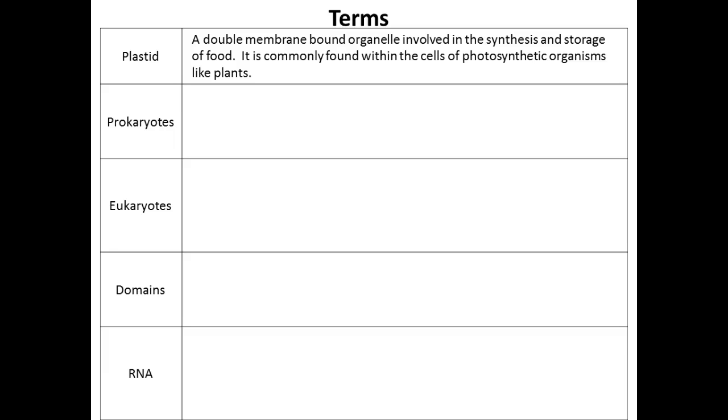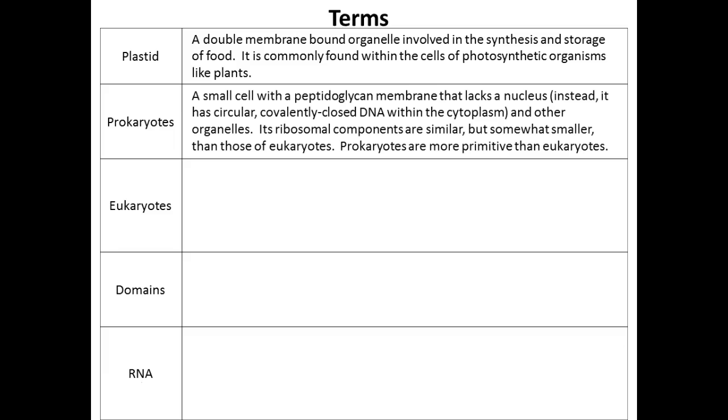Prokaryote, which is one of 2 cell types that we talk about, they're small, with peptidoglycan in the membrane, if you're talking about bacteria. It lacks a nucleus, but it just means that it lacks the membranes that encase the DNA. So instead, it has DNA, usually circular, covalently closed DNA, within the cytoplasm.